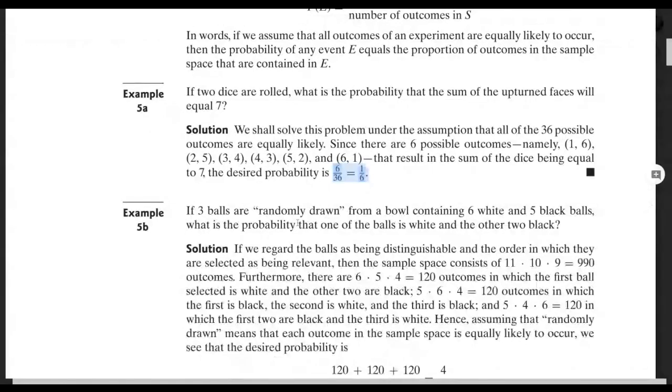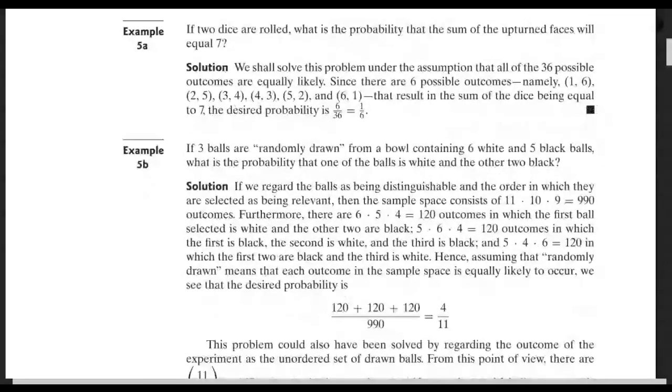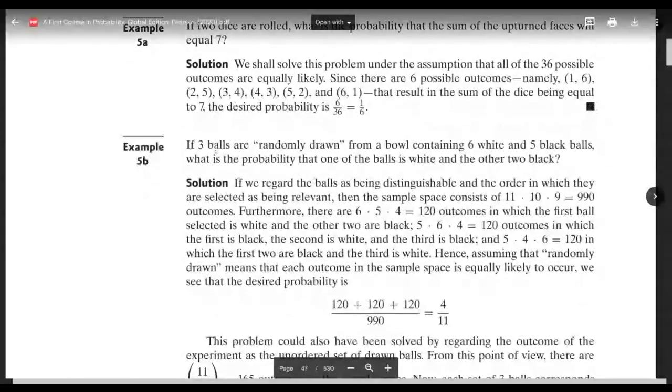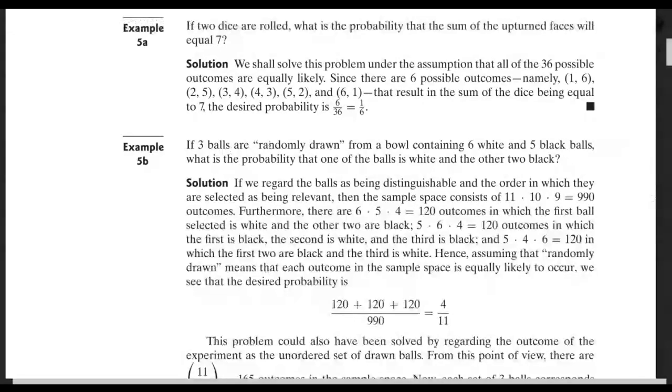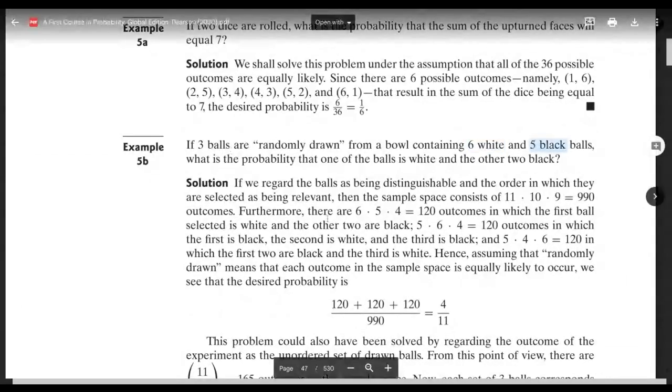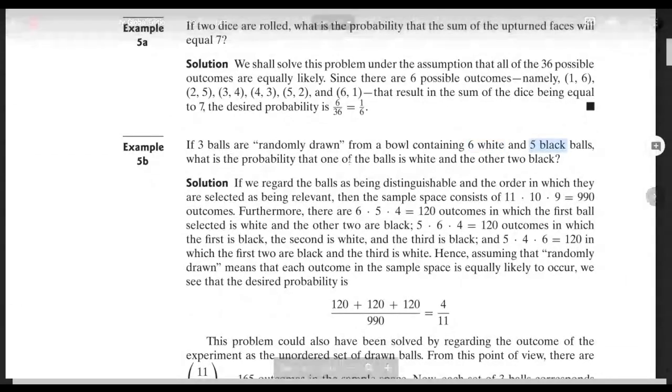Let's see example B. If 3 balls are randomly drawn from a container with 6 white and 5 black balls, what is the probability that one of the balls is white? So 1 is white, and the other 2 are black.